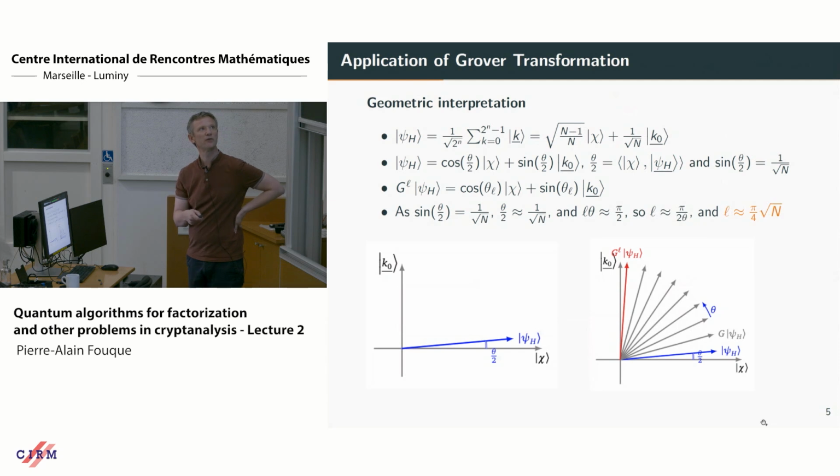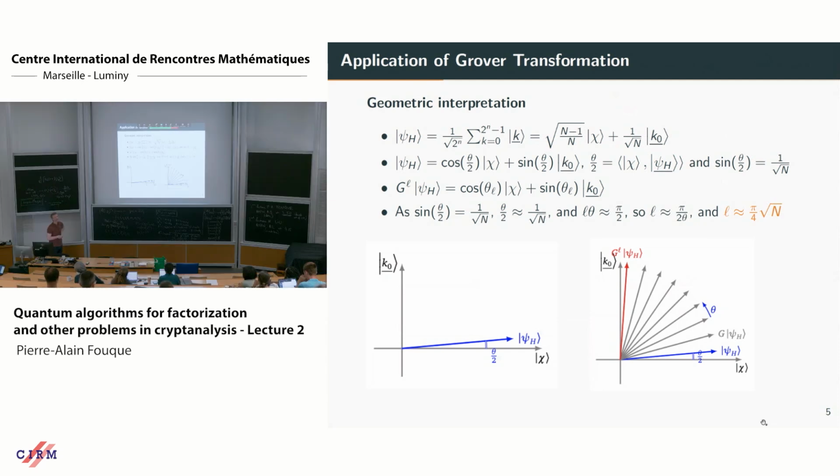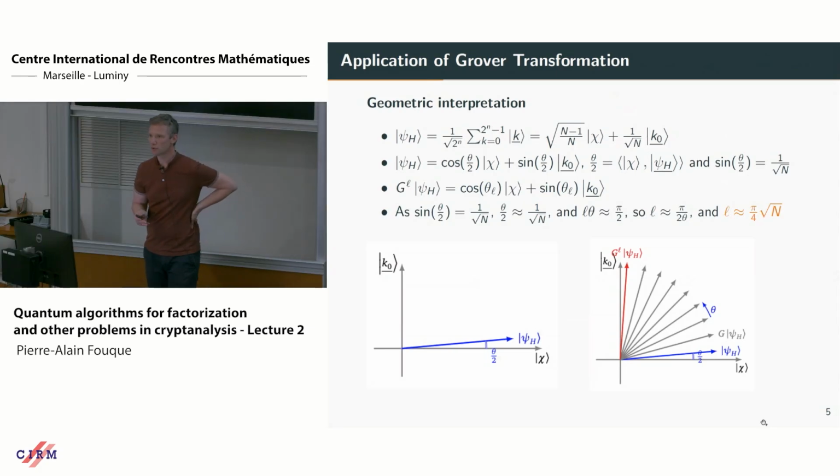So theta over 2 is about 1 over square root of N. Also, at the end the angle will be about L theta, because it is very small, and L theta is about pi over 2. So L will be pi over 2 theta, and if you replace theta by 2 over square root of N, you get this value. So the number of times that you have to apply the Grover algorithm is of order square root of N. It's not too complicated.